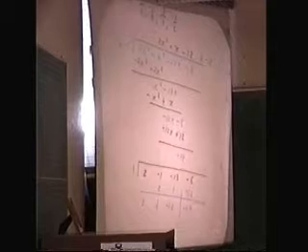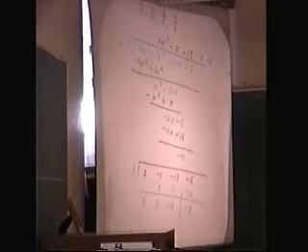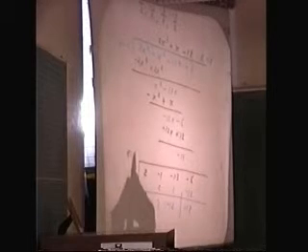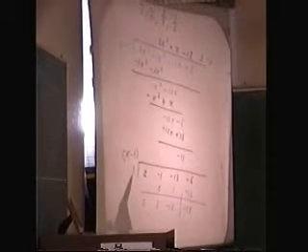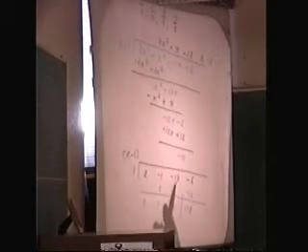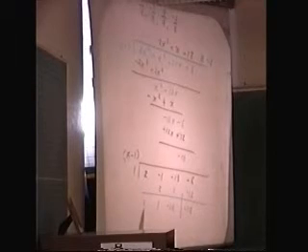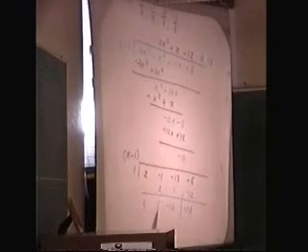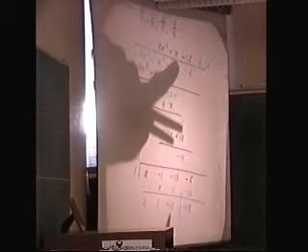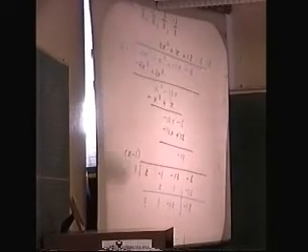Negative 18. This says, if I divide x minus 1, that's the factor that goes with this root, into 2x cubed minus x squared minus 13x minus 6, I get, read it, 2x squared plus 1x minus 12, remainder negative 18.